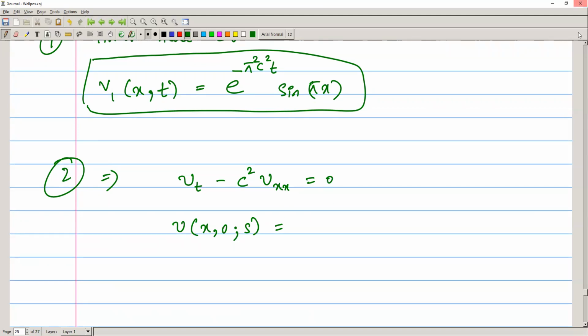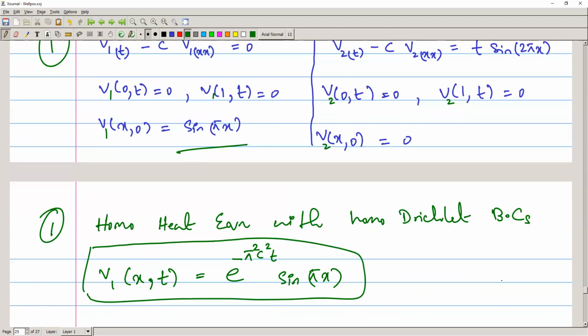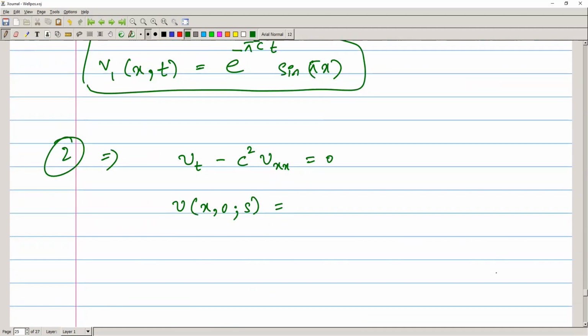here we can see that this is t sine 2 pi x, so we can write s sine 2 pi x, right? But we need here the function with t such that s.